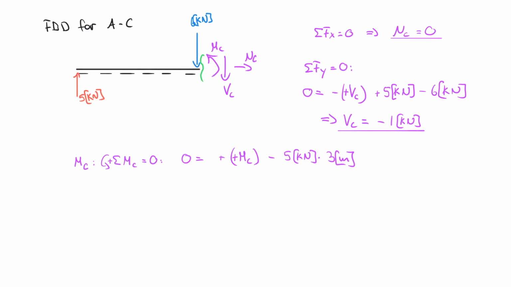Then I have to include the 6, but the 6 has 0 lever arm, so you would say something like plus minus 6 kilonewton multiplied by 0 meters. The distance is so short that it has no effect. It would actually be positive because it would rotate counterclockwise, but let's forget about that. Let's understand that the moment at C remains plus 1.5 kilonewton meter. And that is something I need to find later on in my diagram, so I'm highlighting it as well.